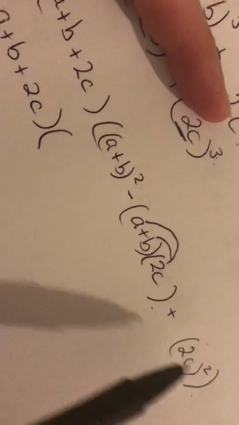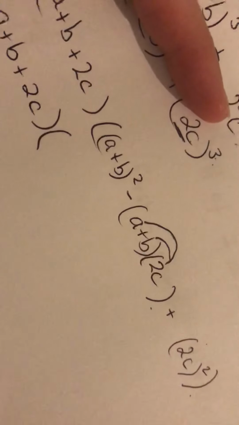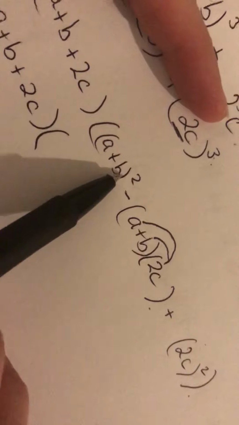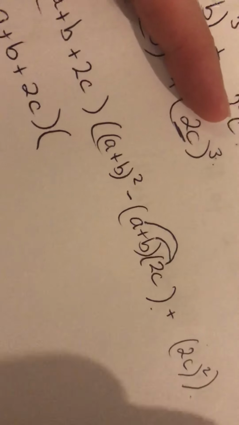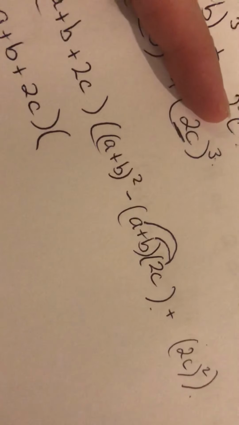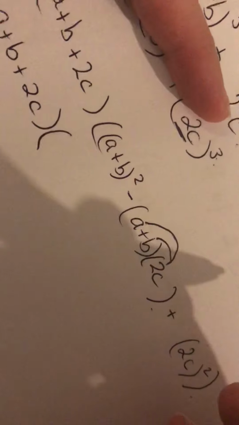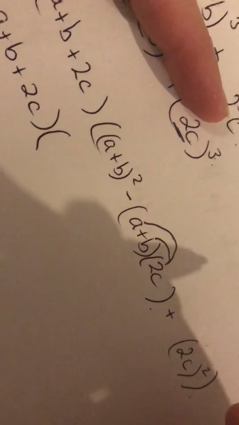Stuff that you can't do in your head, do in a rough work section. So (a plus b) squared, take it to the side, write it as (a plus b) by (a plus b), and you'd end up with a squared plus ab plus ab plus b squared. Feel free to pause the video and work it out for yourself.